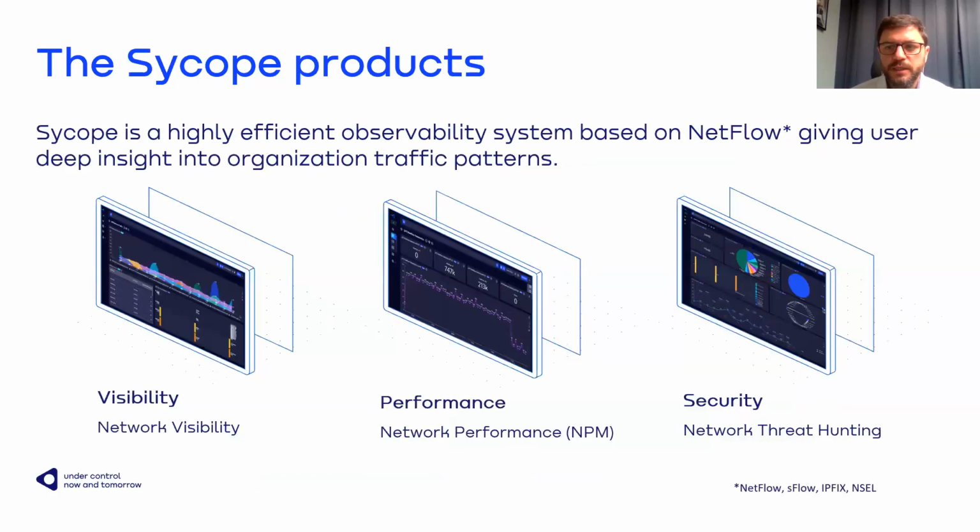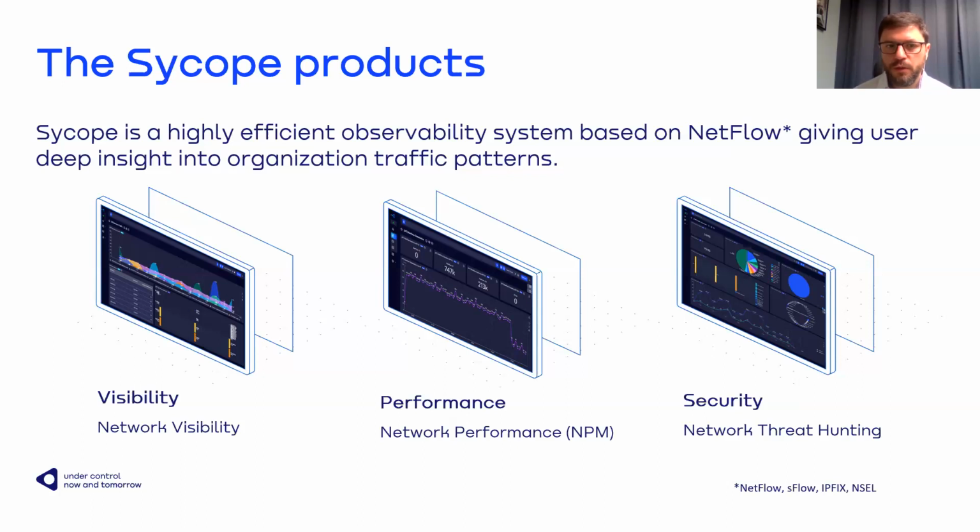Okay, but what is inside the collector? We've got 3 modules to analyze the data. The first and the basic one is visibility, to show the information about the network traffic.